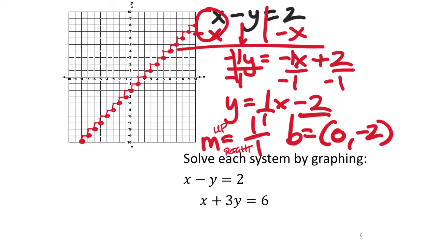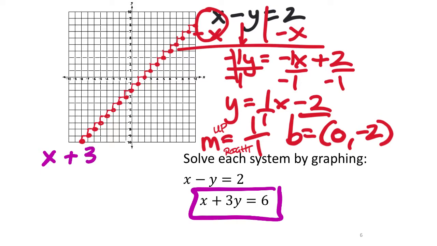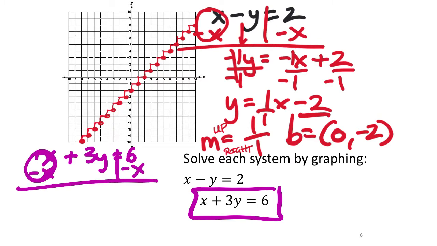So I'm going to take this second equation, which I'm going to do in purple, and I'm going to change it into slope intercept form first. So x plus 3y equals 6, and I need to get rid of that x, so minus x from both sides. I'll zero that out, drop the 3y, and we can see that we can always change an equation that's in this form into slope intercept form in 2 steps.